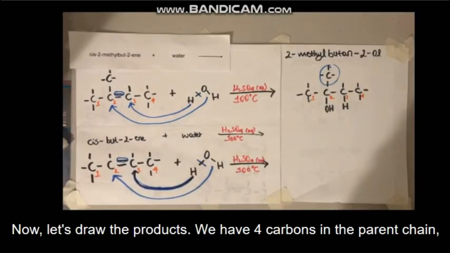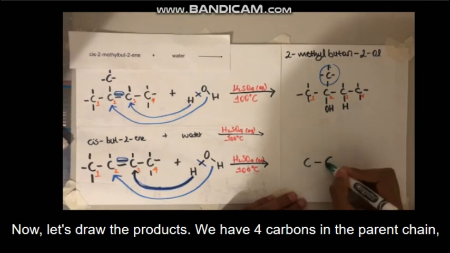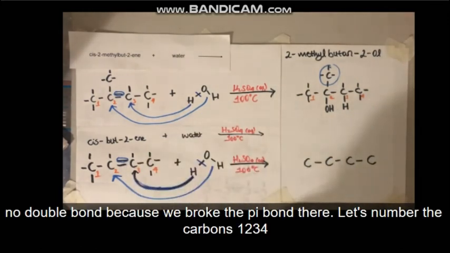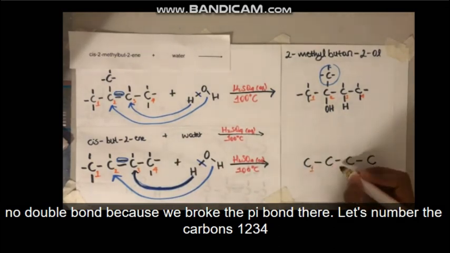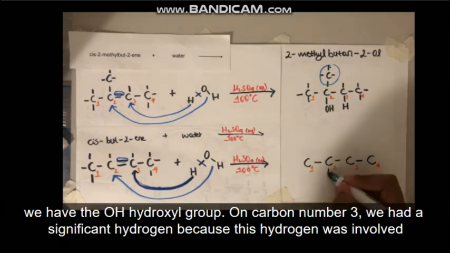Now, let's draw the product. We have 4 carbons in the parent chain, no double bond because we broke the pi bond there. Let's number the carbons. 1, 2, 3, 4. On carbon number 2, we have the OH hydroxyl group.